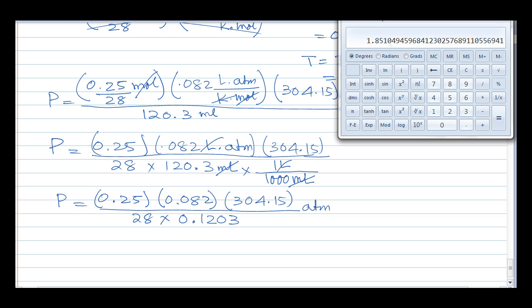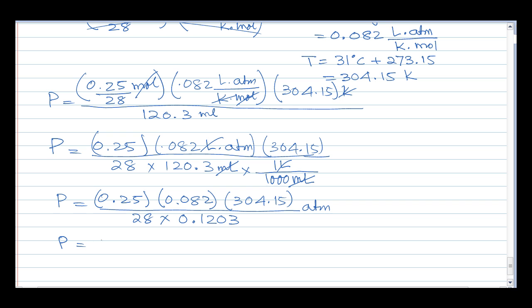So let me write it. P is equal to 1.851, and the unit that we have is atmosphere.